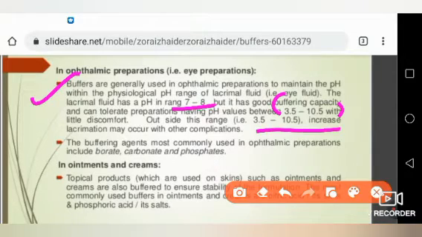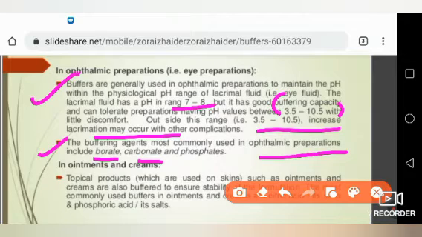Outside this range, increased lacrimation may occur with other complications also. That's why our eye becomes dry sometimes, or becomes acidic sometimes. So the buffer generally used for ophthalmic preparations will maintain the pH at 7 to 8. The buffering agents most commonly used in ophthalmic preparations are borate, carbonate, phosphate.